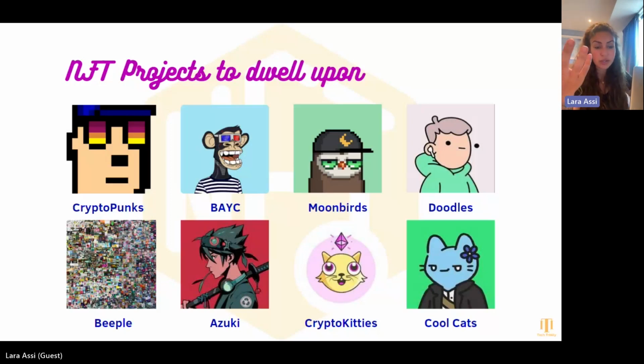So CryptoPunks, as I said, were one of the earliest NFT projects on the Ethereum blockchain, and that gave them a lot of value and significance. There are 10,000 CryptoPunk NFTs only. There will only be 10,000. Nothing is going to exist afterwards, and that is the scarcity that I was talking about.